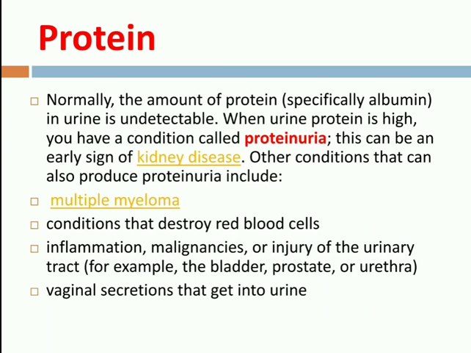First, protein. Usually, protein, that is albumin, in the urine is undetectable, but when the urine albumin is detectable, the condition is called proteinuria. This can be the early sign of a kidney disease. Other conditions where the protein is increased are multiple myeloma, inflammation, malignancies, and vaginal secretions that get into the urine.